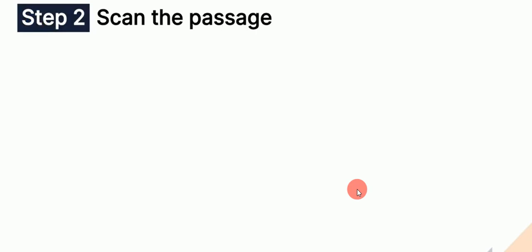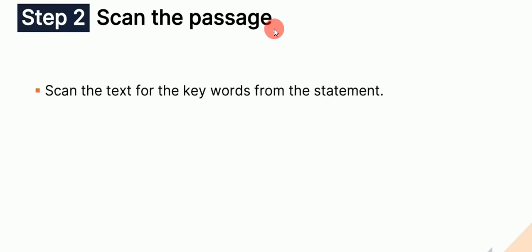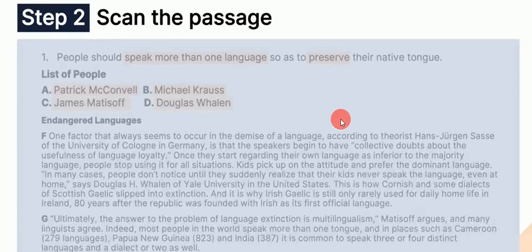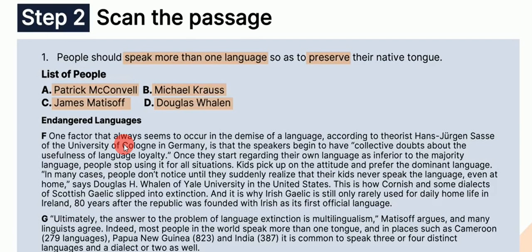After identifying the key words in the statement, you can move on to step 2, which is to scan the passage for those keywords from the statement. You should also be scanning for people's names, or even he or she. Names are easy to find because they have capital letters. Let's have a look at the example again.